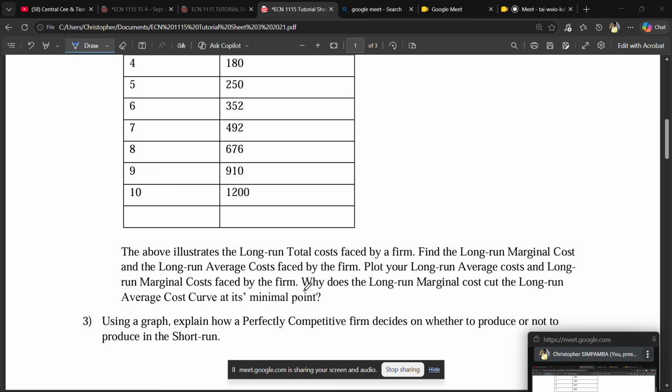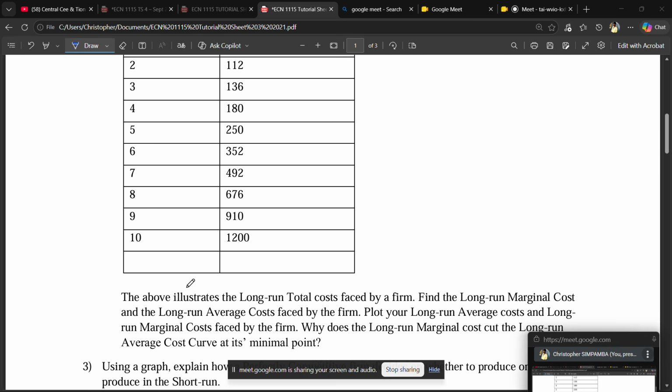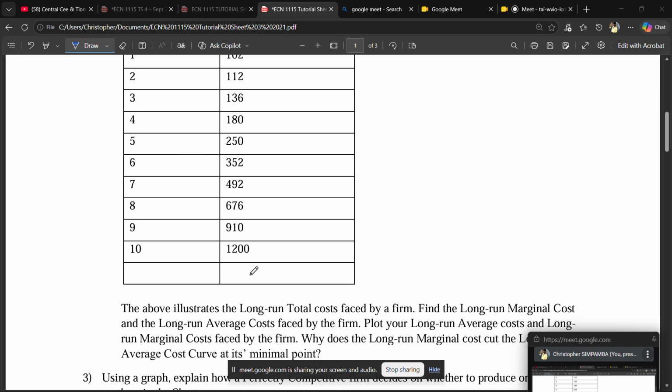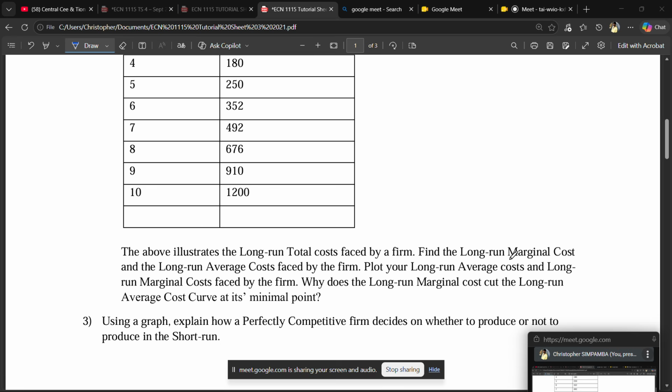Why does the long run marginal cost cut the long run average cost curve at its minimum point? Of course, this might seem complicated, even though it is not. In the first illustration, they told us to find marginal cost, and they also told us to find average cost.